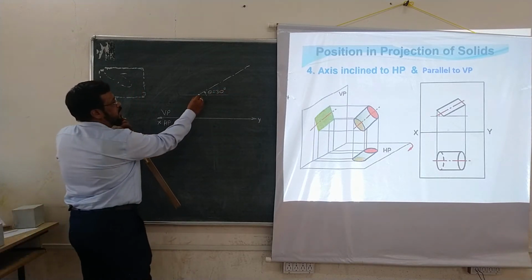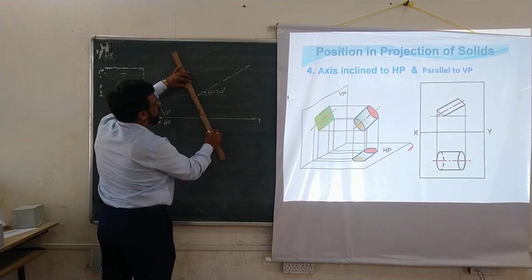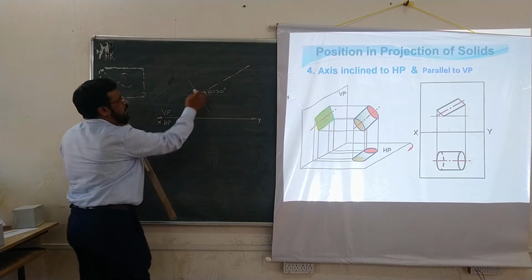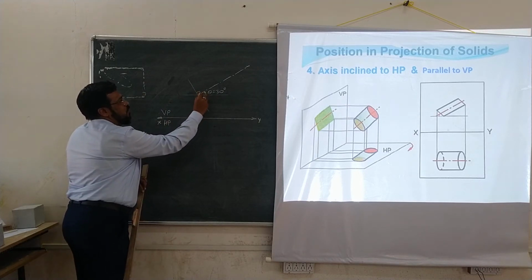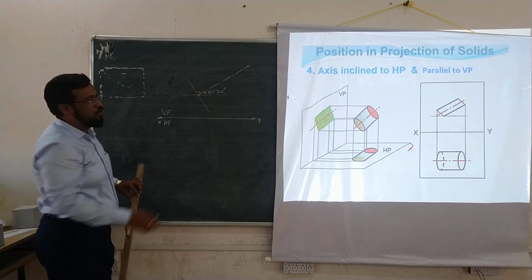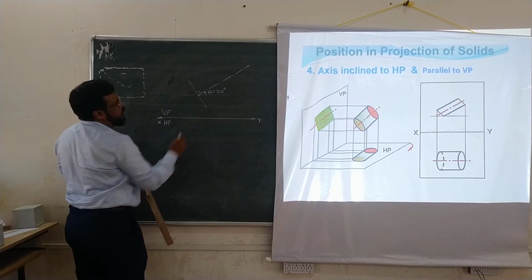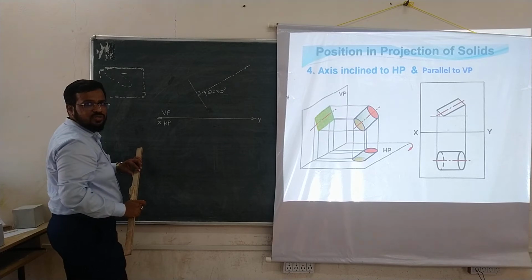Now with this reference point, you can draw the base of the solid. Remember, the base of the solid is exactly perpendicular to the axis. So you may mention over here 90 degrees. And on this one side 25, on this one side 25, you can mention the distance. Okay.